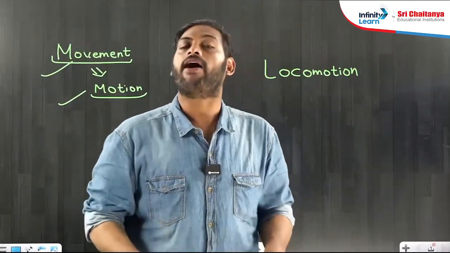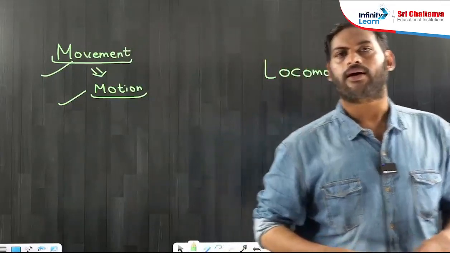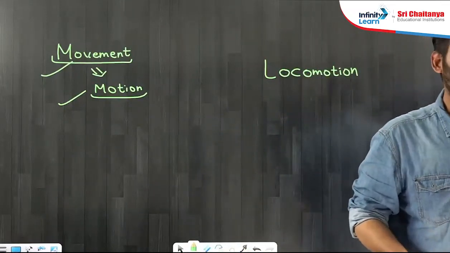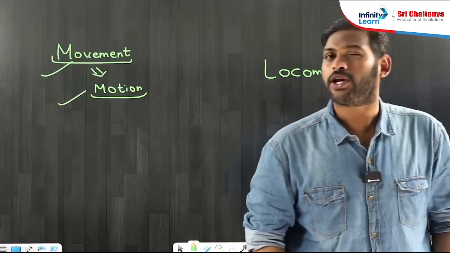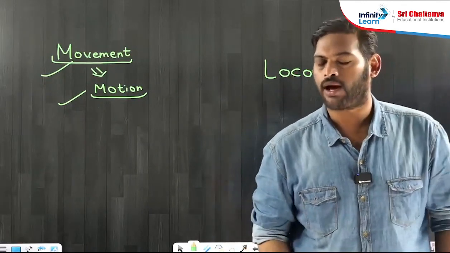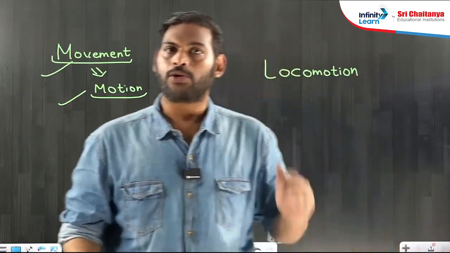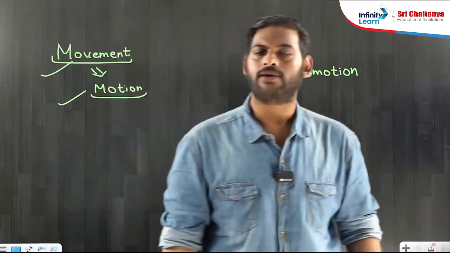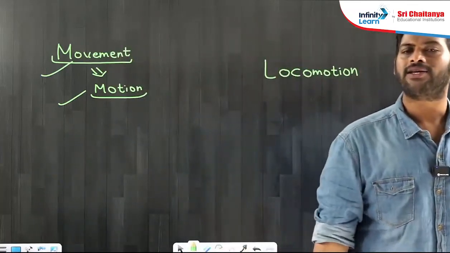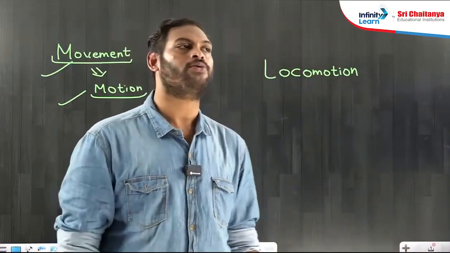But if I move my hind limbs, legs, I'm moving my hind limbs, and simultaneously I have also changed my entire position. I've also changed my location, isn't it? So this is movement as well as change in my position, change in my location also.